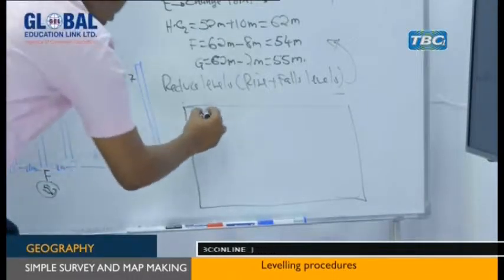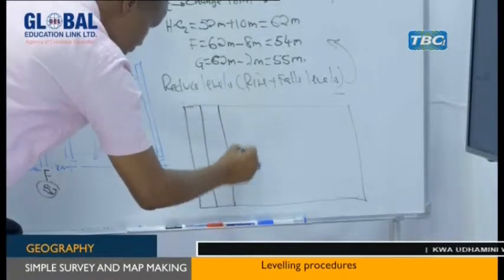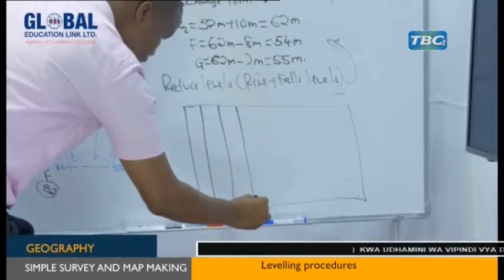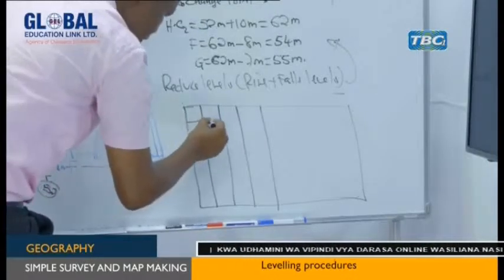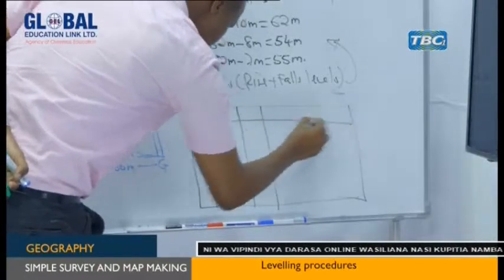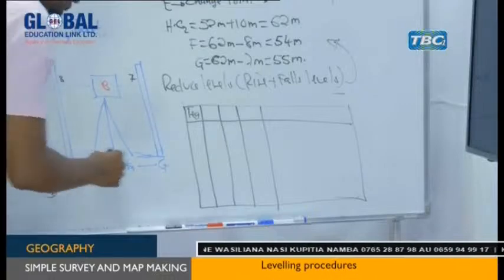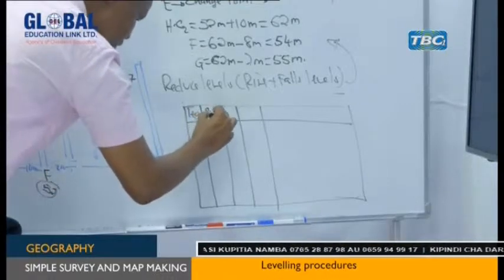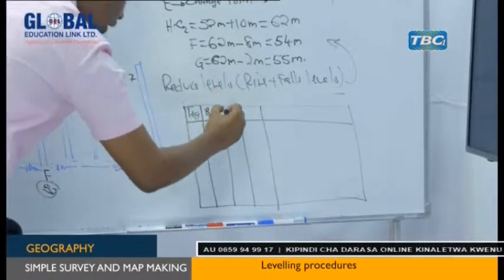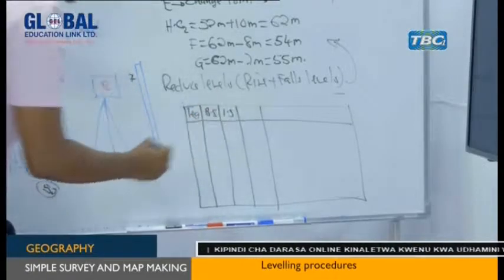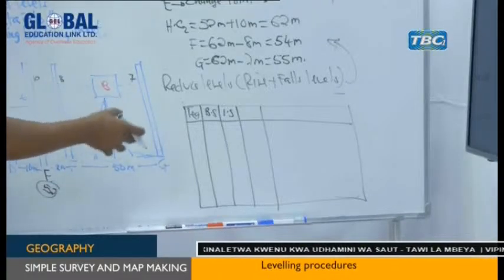We have this column, the leg, which means the station. Then we have the backsight readings, which we write right here. Then we have the intermediate sight, the readings between the foresight and backsight.